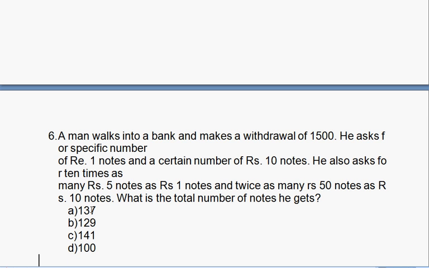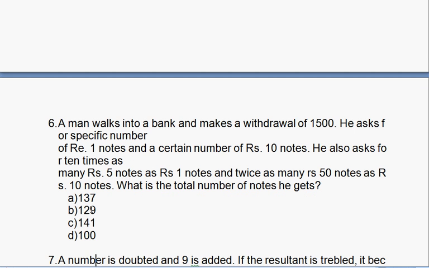A man walks into a bank and makes a withdrawal of 1500. He asks for a specific number of rupee 1 notes and a certain number of rupee 10 notes. He also asks for 10 times as many rupee 5 notes as rupee 1 notes, and twice as many rupee 50 notes as rupee 10 notes.